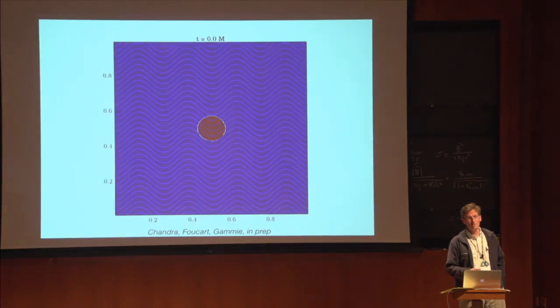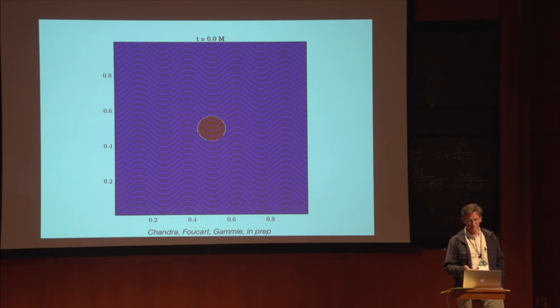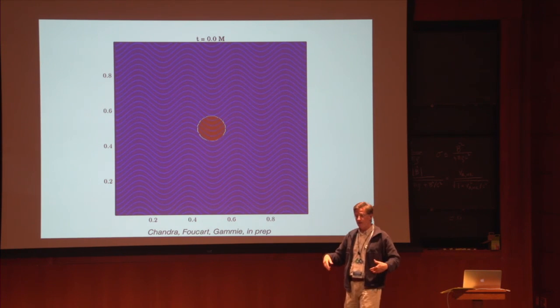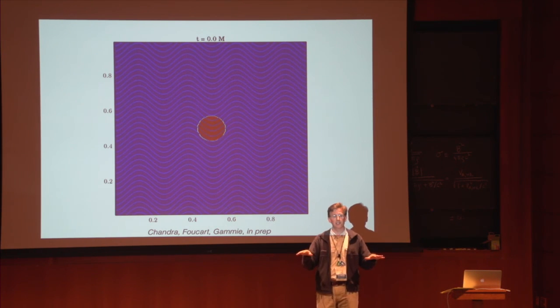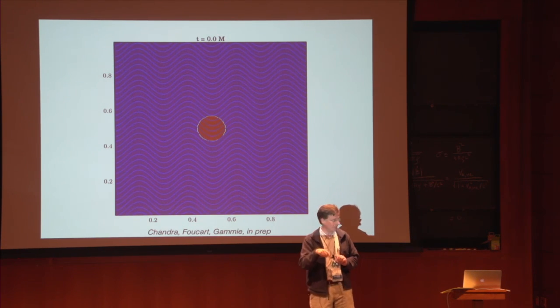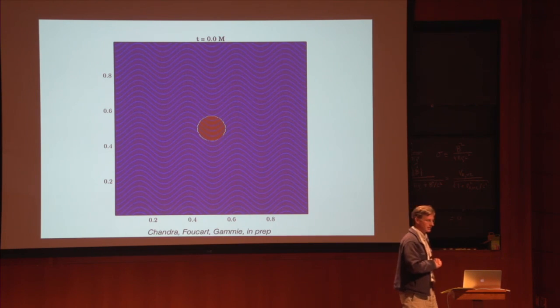Okay, so let me just show you something about what this does in a test problem. So we set up a periodic box with constant pressure, and then put a slight temperature excess in a cylinder in the middle of the box.